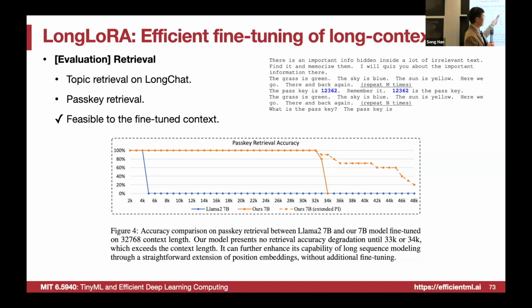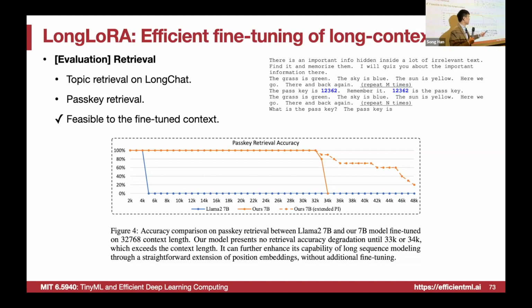The accuracy for Llama 2 7B begins to degrade from 100% to 0% after like 5K context length. But ours, the LongLoRA, can maintain the passkey retrieval accuracy up to like 32K.